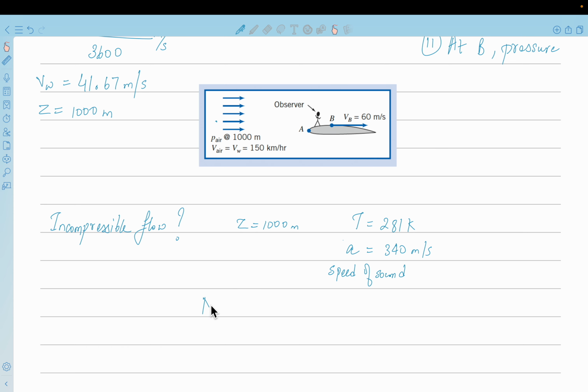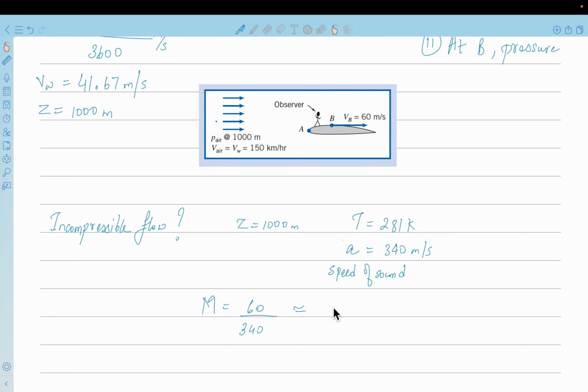So what would be the Mach number at A, which you said is anyway 0, B is 60 meters per second, so 60 by the speed of sound, which is like 340, which is approximately what it is, 6 by 36, kind of 1 by 5.8.